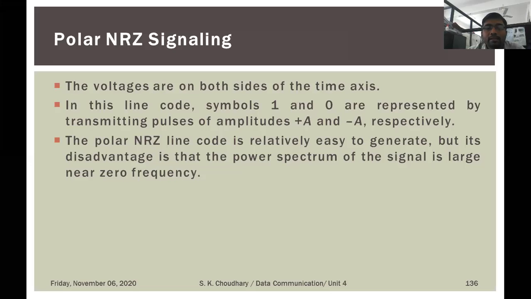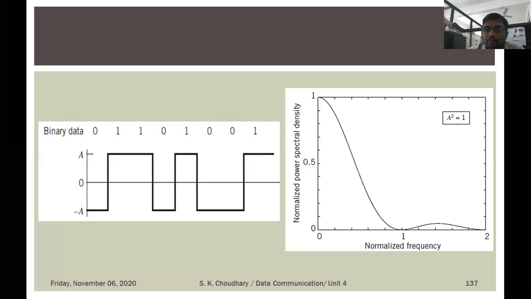The polar NRZ, non-return to zero, line code is relatively easy to generate, but its disadvantage is that the power spectrum of the signal is large near the zero frequency. Again, this is nearly the same disadvantage, and it is also seen in this normalized power spectral density versus normalized frequency graph.